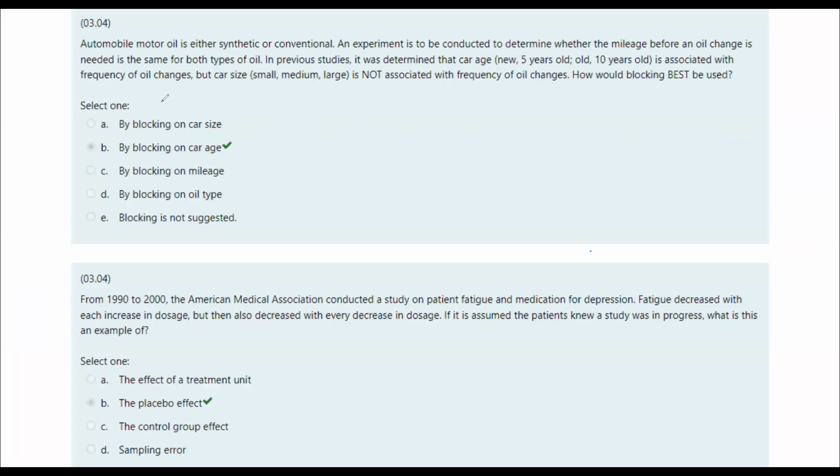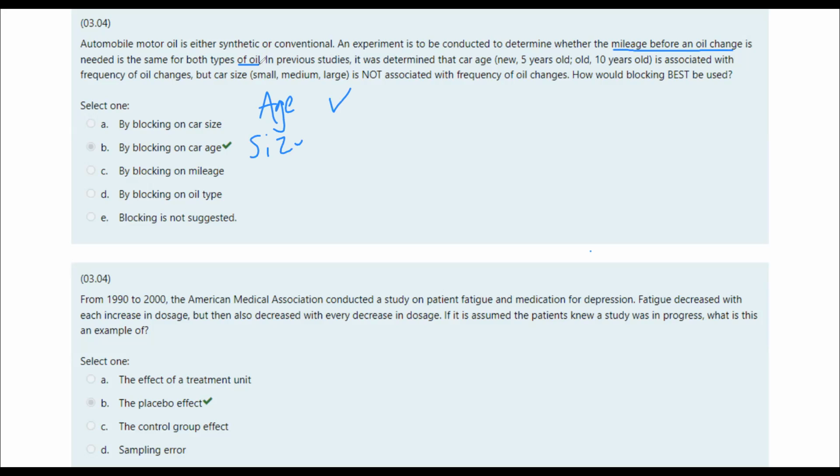Automobile motor oil is either synthetic or conventional. An experiment is to be conducted to determine whether mileage before an oil change is needed for both types of oil. It was determined that the car age is associated with frequency of oil changes, but not car size. So age, yes.